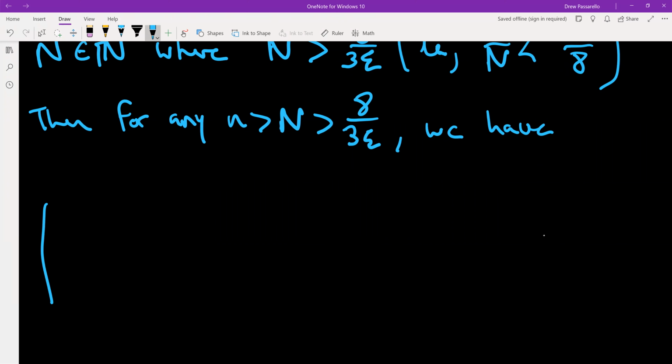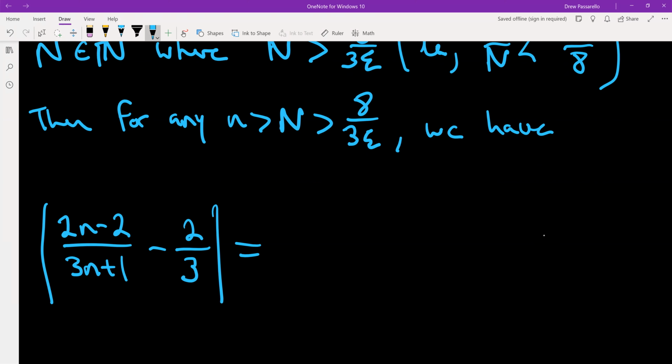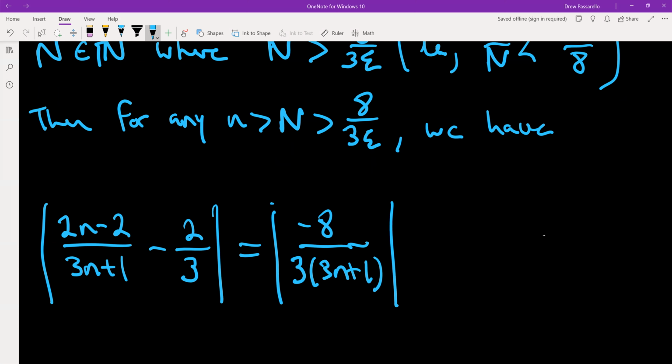So the absolute value of our sequence, the sequence was (2n minus 2) over (3n plus 1), minus the limit value, the 2/3. By some algebra, we got this to be equal to the absolute value of negative 8 over 3 times (3n plus 1). All right, so we did some algebra to combine into one fraction, and then simplified the numerator down to negative 8.